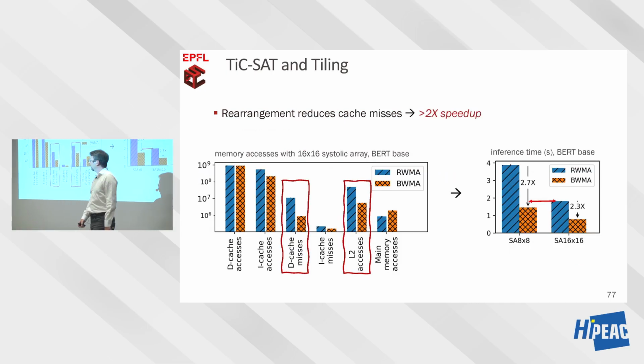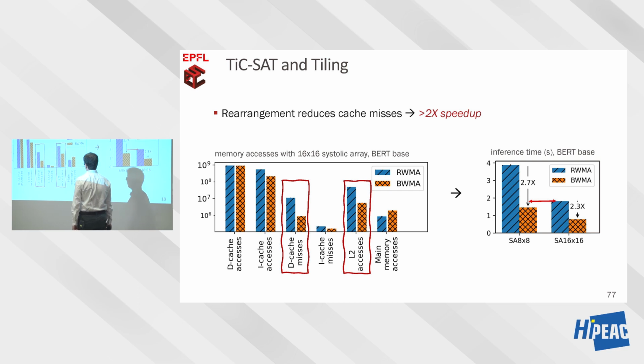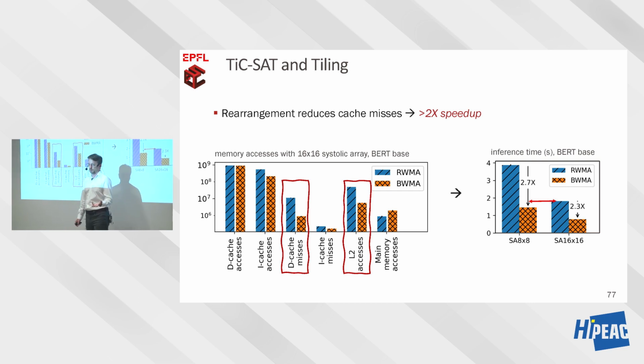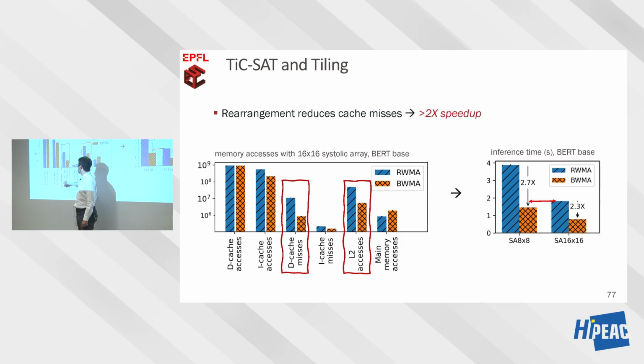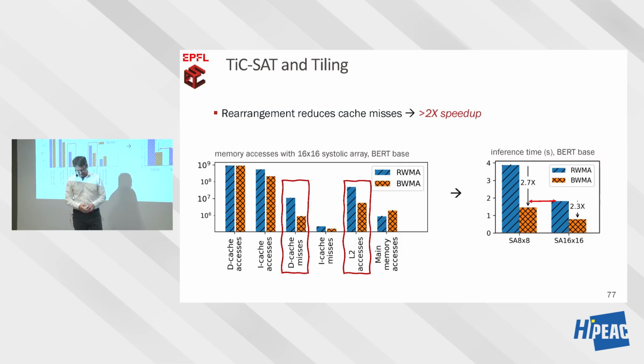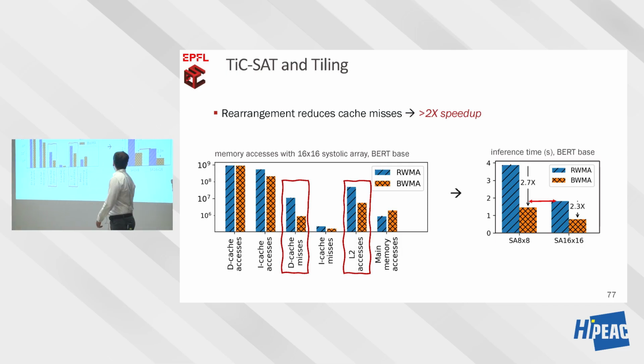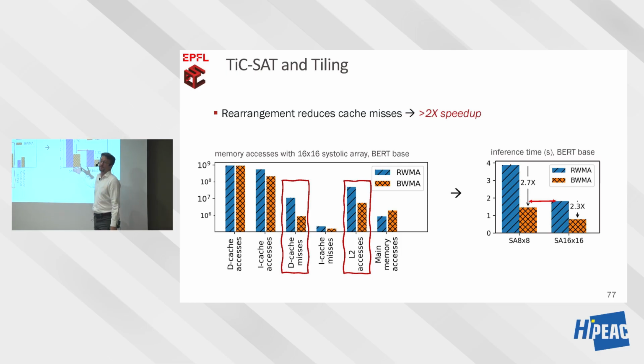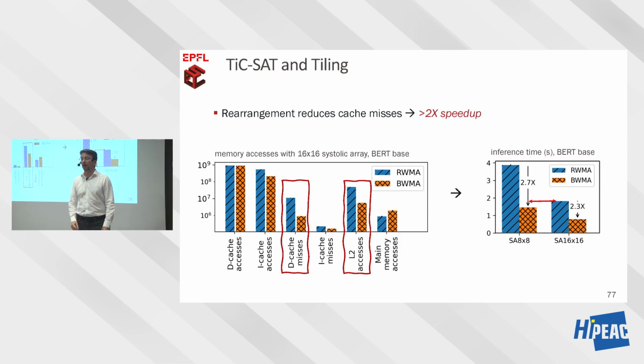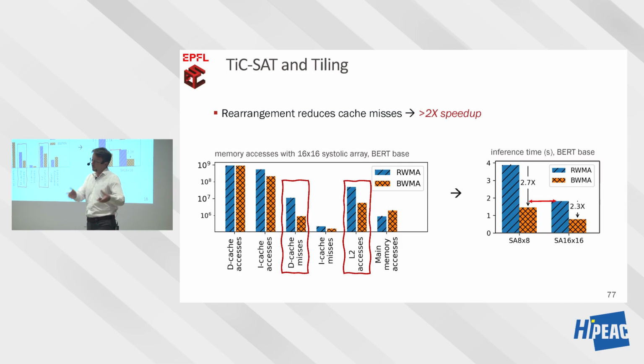We did that, and it turns out that by properly arranging inputs in memory, we can reduce massively the number of data cache misses and level 2 cache accesses. Keep in mind that this is in logarithmic scale. And this results in very noticeable speed up in the system which we actually simulated, which again is the same as before, and is, we think, a reasonable system for edge computing.